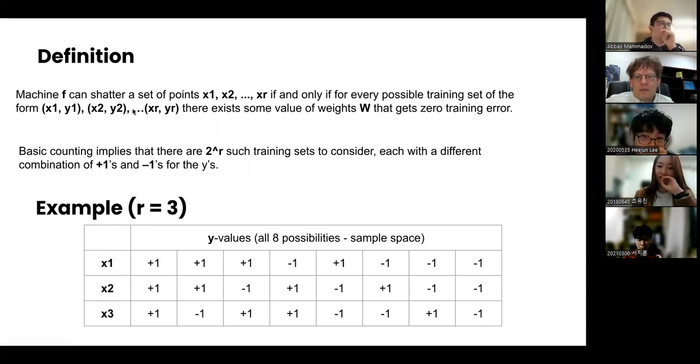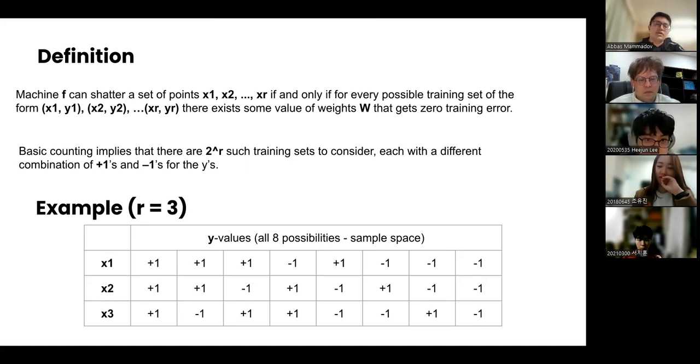And if you are wondering about the total number of possibilities, basic counting implies that there are just 2 to the power of r such training sets to consider, because we have r points and y1 to yr, and all of them are getting either +1 or -1. The basic counting multiplication rule implies 2 times 2 times, r times, and then we will get 2 to the power of r.